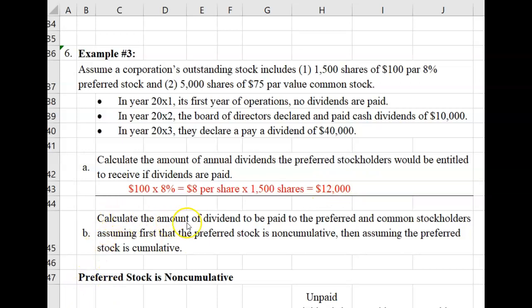Next, calculate the amount of dividend to be paid to the preferred and common stockholders, assuming first that the preferred stock is non-cumulative, then assuming that the preferred stock is cumulative.